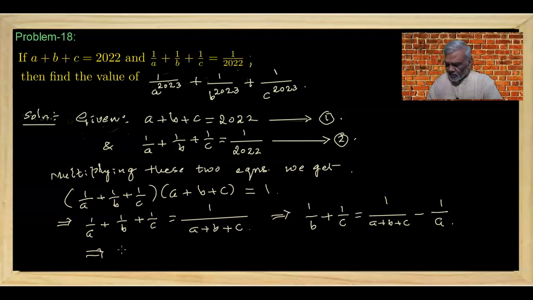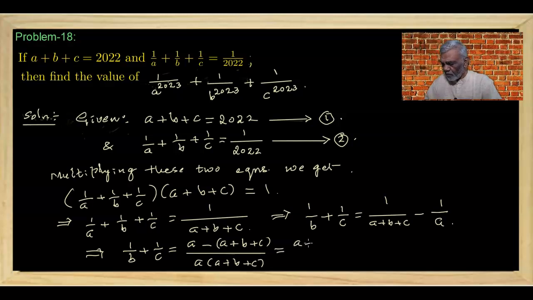Simplifying this one by taking the LCM, equal to a minus a plus b plus c divided by a into a plus b plus c, and that equal to a minus a minus b minus c divided by a into a plus b plus c.